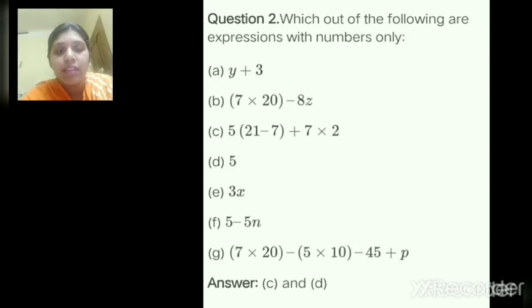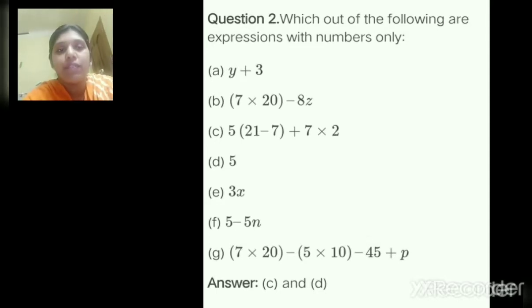Now 3x, you have a variable x, so that is not an expression with numbers. Next one, 5 minus 5n, there also you have a variable n. Now G, you have a variable p, so it is not an expression with only numbers.